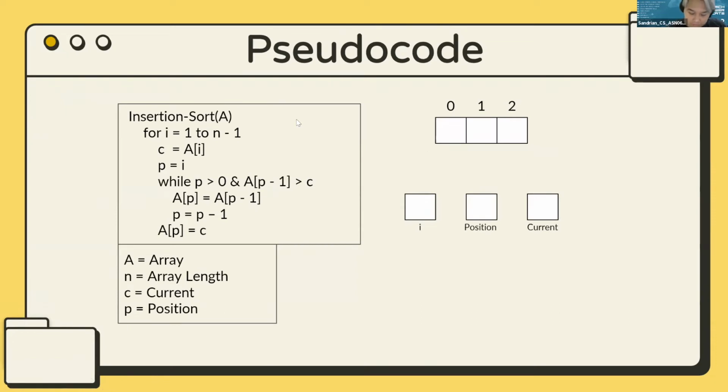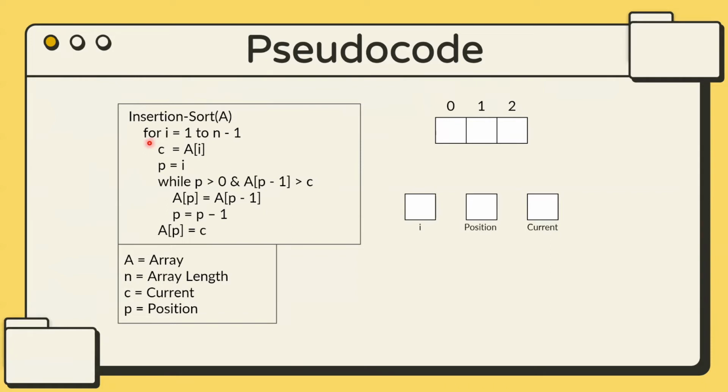Okay, so for the pseudocode, there's a line which is called insertion sort A, A representing the array right there. So the A is representing the array, which is the numbers in the group.